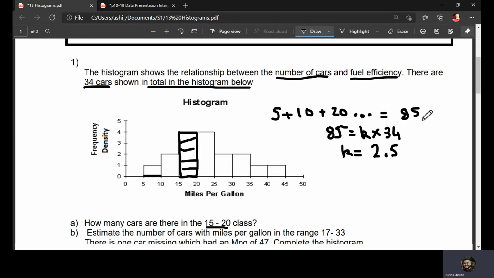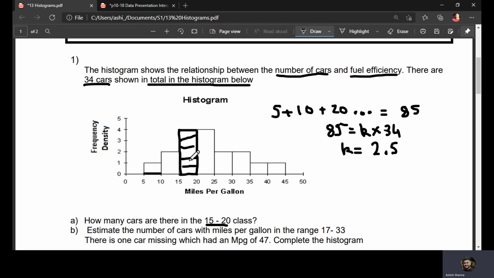Area equals KF. Now the area of this bar is 5 times 4, which is 20, and that's equal to KF, 2.5 times F. If you rearrange that, you get a value of the frequency to be equal to 8. So there are 8 cars in the class 15 to 20.